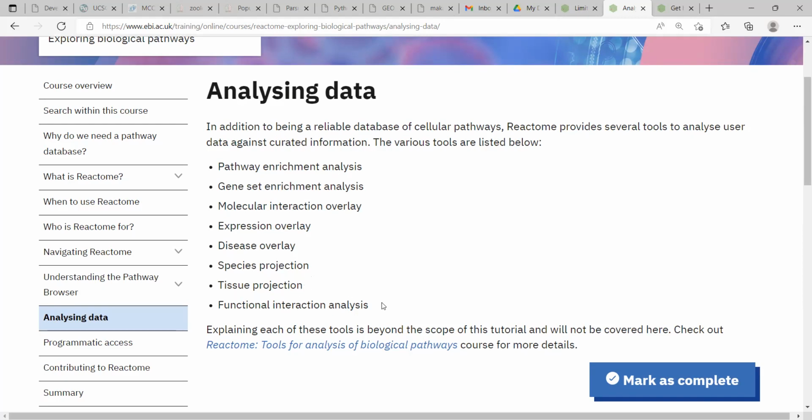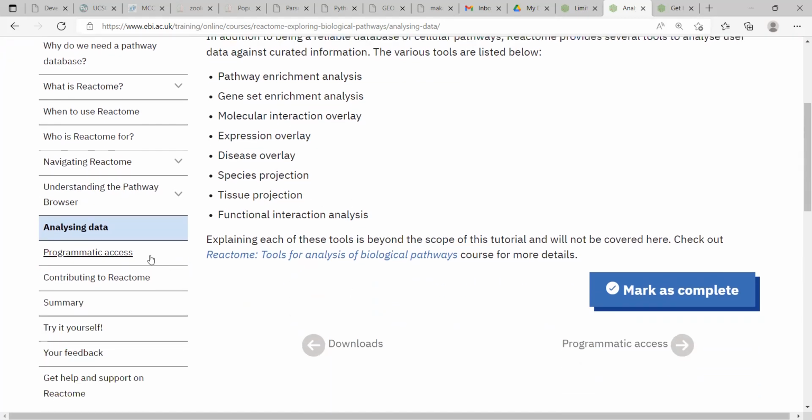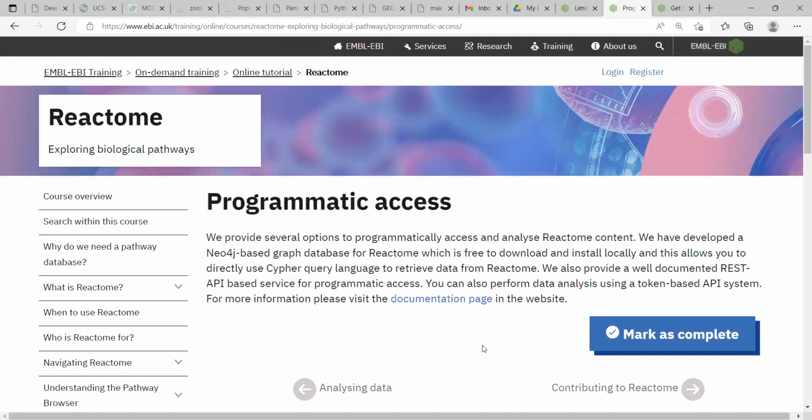Functional interaction analysis also. We can access the data programmatically, because we know how the database is created, and we can download the data and use the REST API based service for programmatic access.